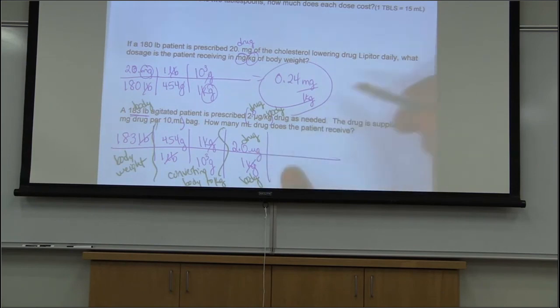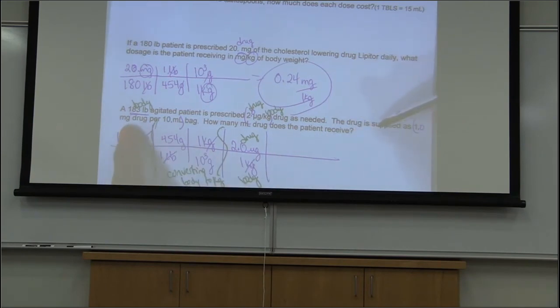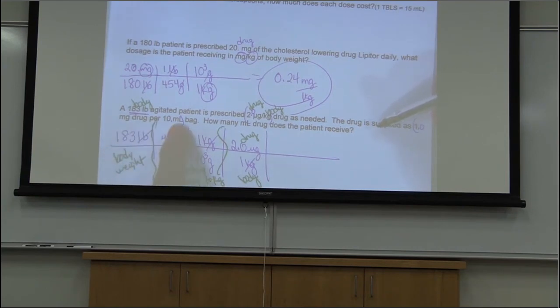What's the question asking for, though? It's not asking for micrograms of drug. It wants to know milliliters of drug. So if it wants to know milliliters of drug, then what do we know about milliliters of drug? There's 1 milligram per 10 milliliters.